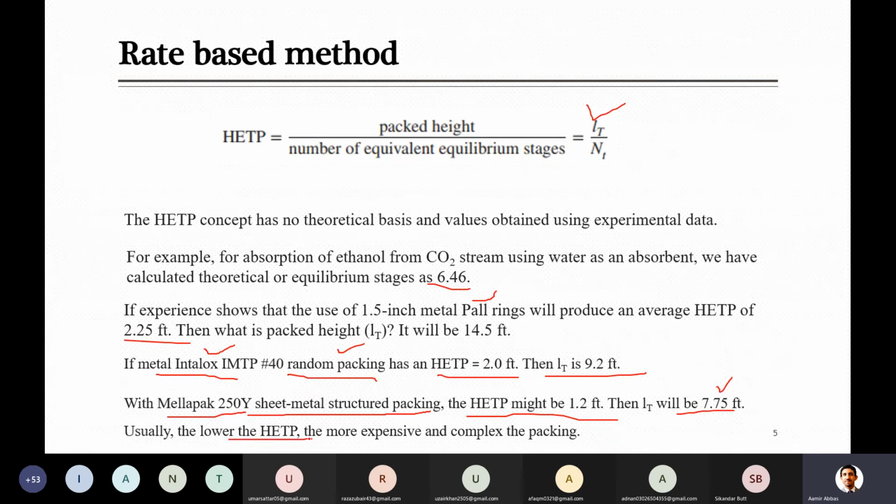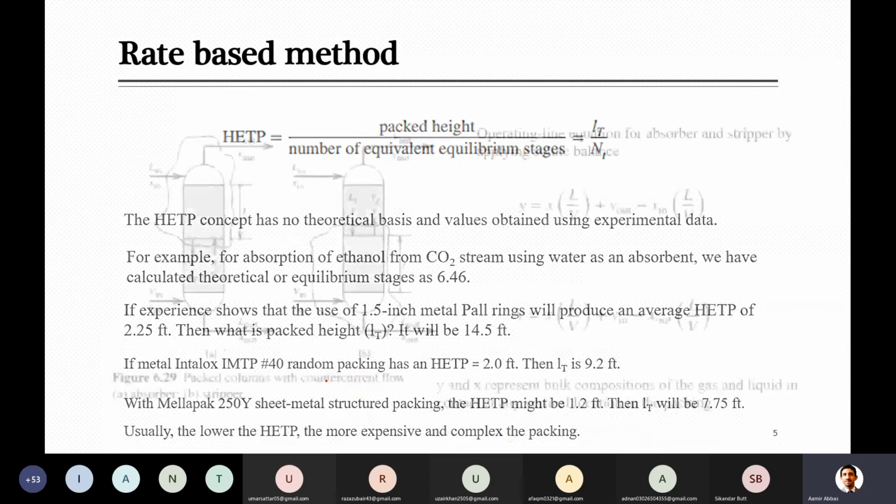Generally, the lower the HETP, the more expensive and complex the packing. So lower HETP is mostly for structured packing. Here you see that HETP is decreasing and you are moving towards more structured and more expensive packing.